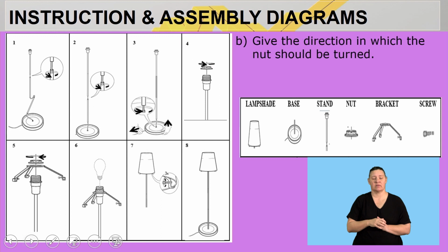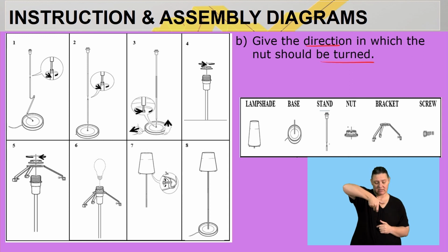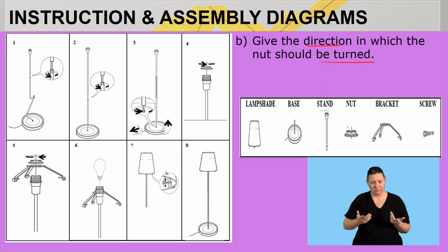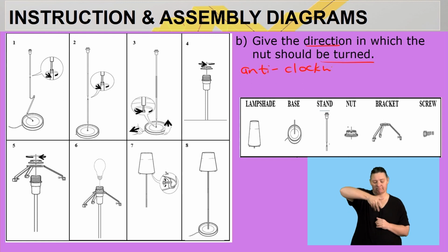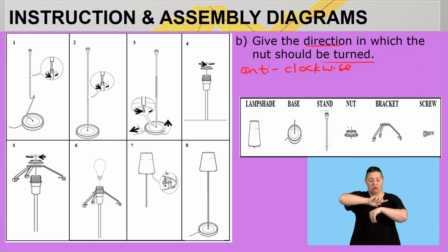Okay guys, let's look at our next question. Question number 1B says, give the direction in which the nut should be turned. Looking again at the direction of the arrow, that simply means it will be anti-clockwise. We know clockwise is the other way around, to your right hand side.